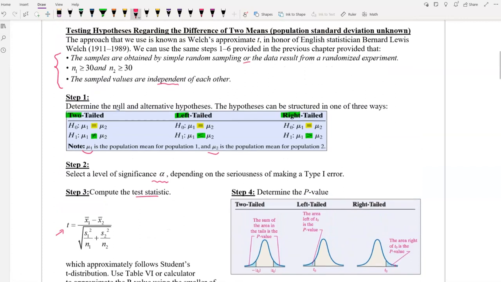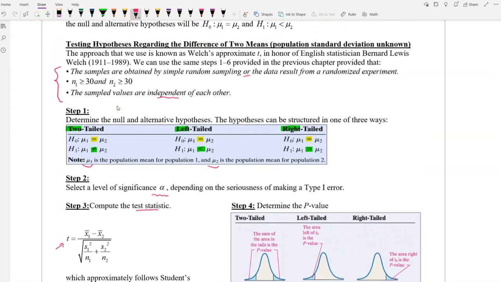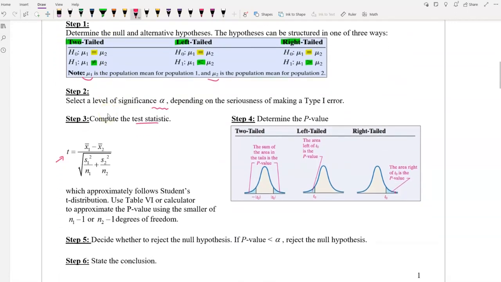Here the output is Welch T. And that is equal to finding the difference between two sample means, so x bar 1 minus x bar 2, divided by the square root of standard deviation squared divided by sample size for the first population, plus the same thing for the second population. We have standard deviation squared divided by sample size.